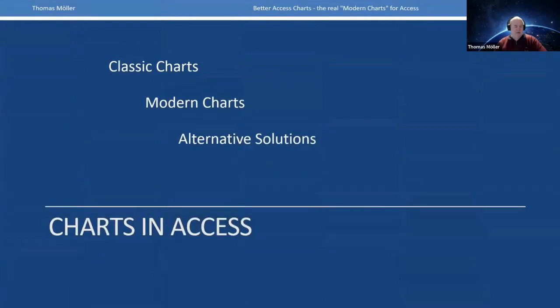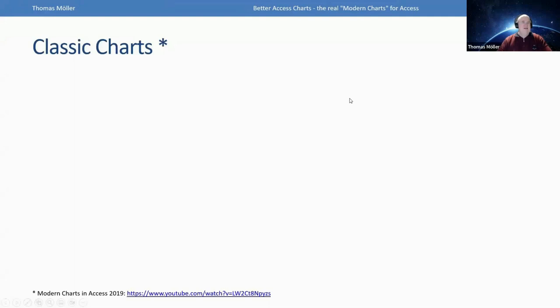And here we go. Charts in Access. I have to talk about classic charts, modern charts, and some alternative solutions. So let's start with the classic charts. You may see the asterisk here as the title, and this leads you to the footer where you'll find a note with a link to a video.